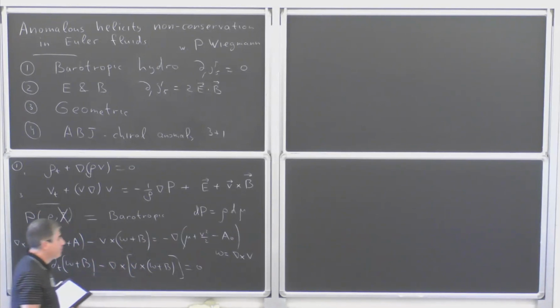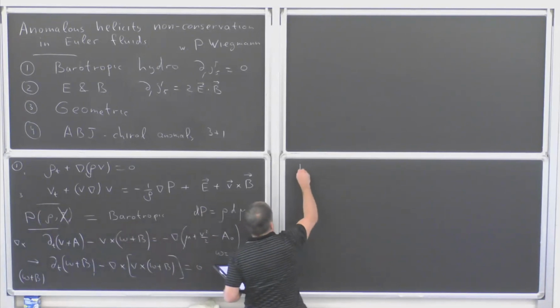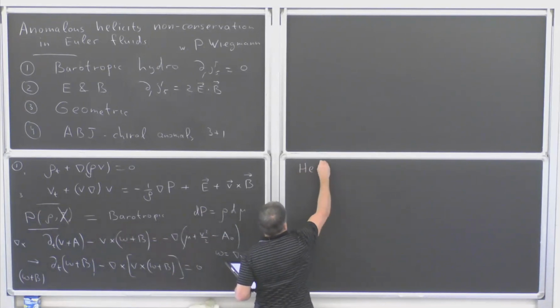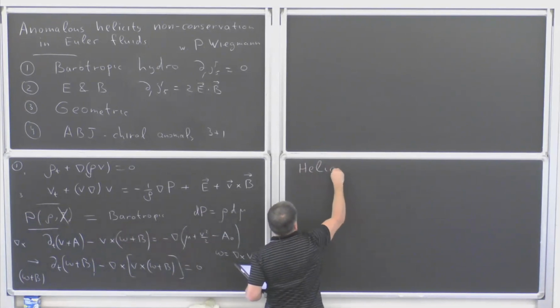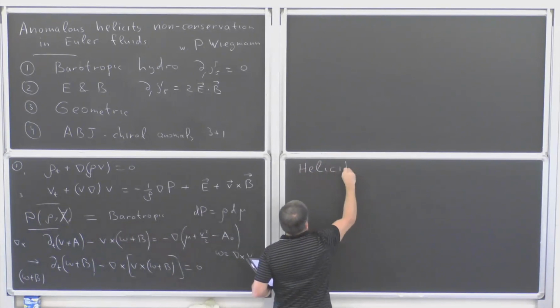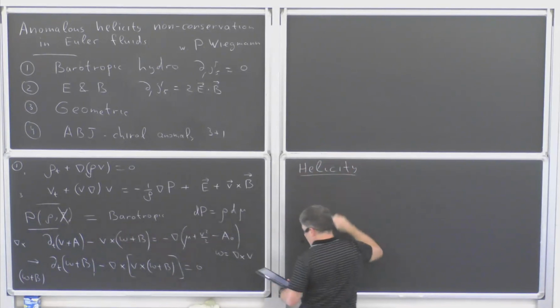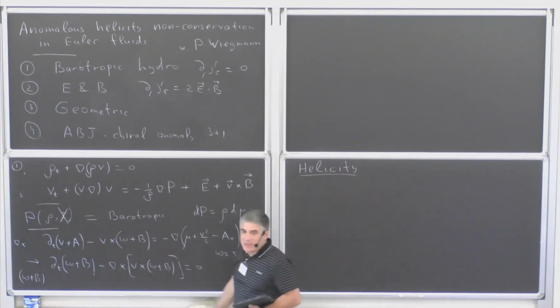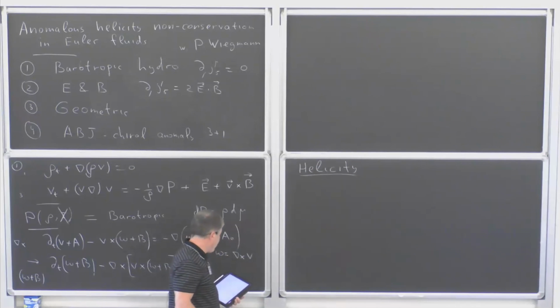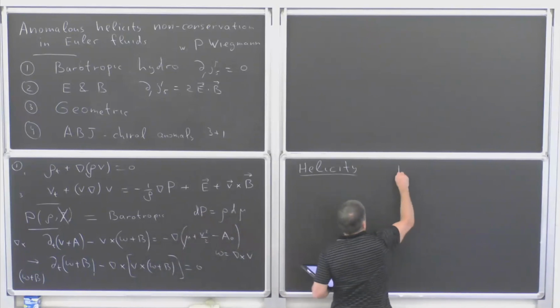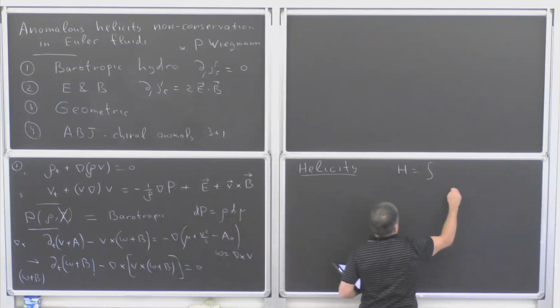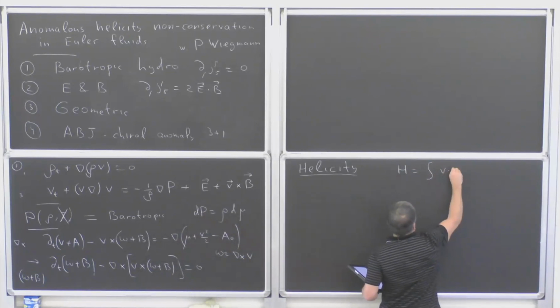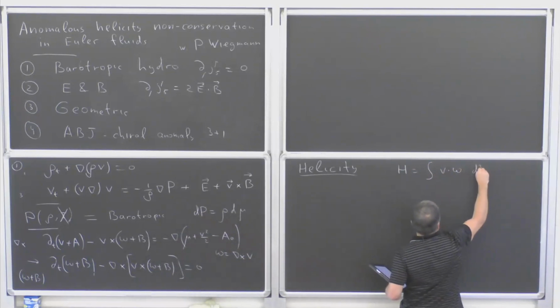Okay. Now, there is one more important quantity for me, which is called helicity, or fluid helicity, or kinematic helicity. Again, there are many names. And this is defined as the integral of velocity times omega over volume.